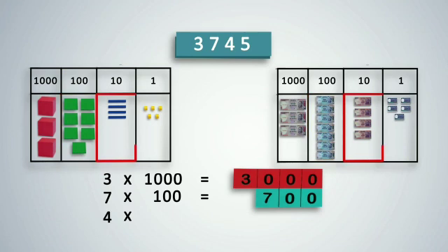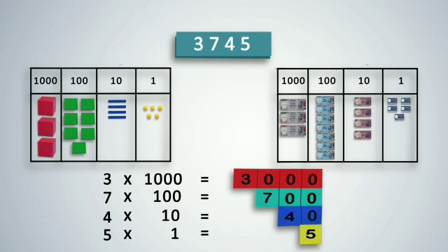The digit 4 is in the tens place and is equal to 40, represented by the blue strip marked 40. Place this below the green strip. Finally, 5 is represented by the yellow strip marked 5, and 5 into 1 is equal to 5. Place this strip below the blue strip.